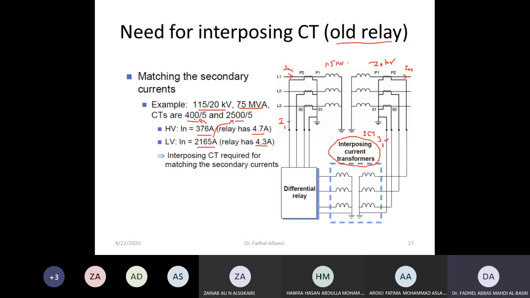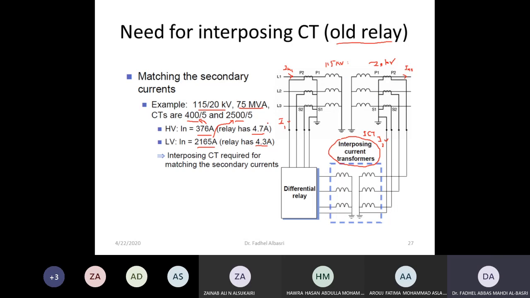If I choose a ratio 376 to 5, and here 2165 to 5, the secondary becomes 5, 5, equal magnitude. This is called the problem of CT ratio mismatch. I could not find a standard value exactly the same as the rated current. As a result, I have a difference between these two. If you take 4.7 minus 4.3, I have 0.4 ampere difference as a differential current due to normal operating conditions.